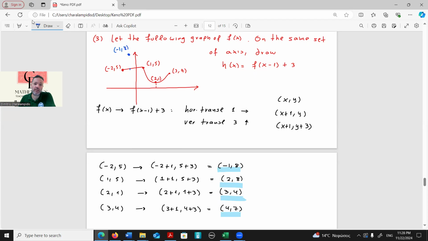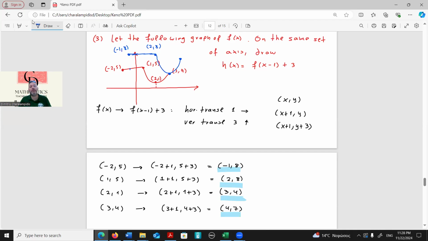Minus 1, 8. 2, 8 means that it could be this. This could have been 2, 8. 3, 4 could have been the same thing. 4, 7 would have been that. And now I'm properly connecting them.